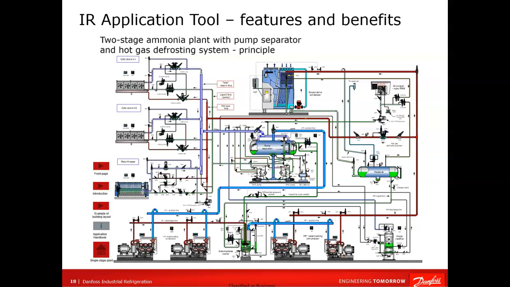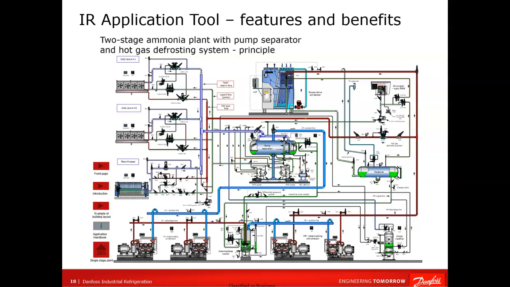And it's easy to navigate back to the start or the previous information. The Industrial Refrigeration Application Tool is designed in PowerPoint, enabling you to open it in edit mode. In edit mode, you have the possibility to copy the individual product slides into your own presentation.